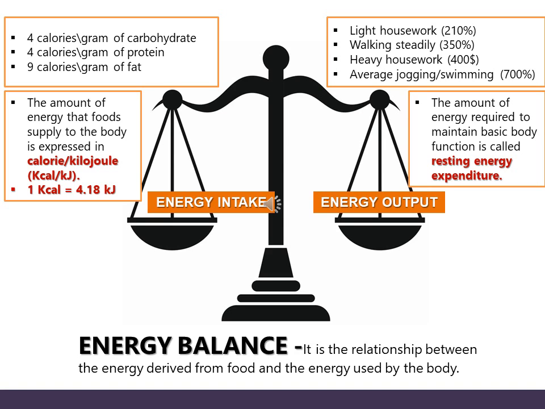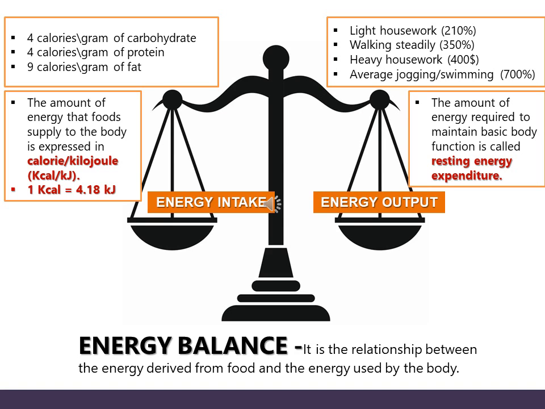For example, if you do light housework, normally it can cost 210 utilization of your energy. Walking steadily 350%, heavy housework 400%, average jogging and swimming, the expenditure of energy is quite higher.